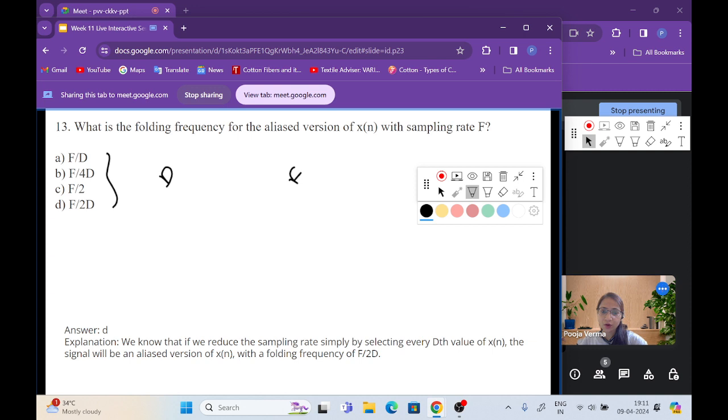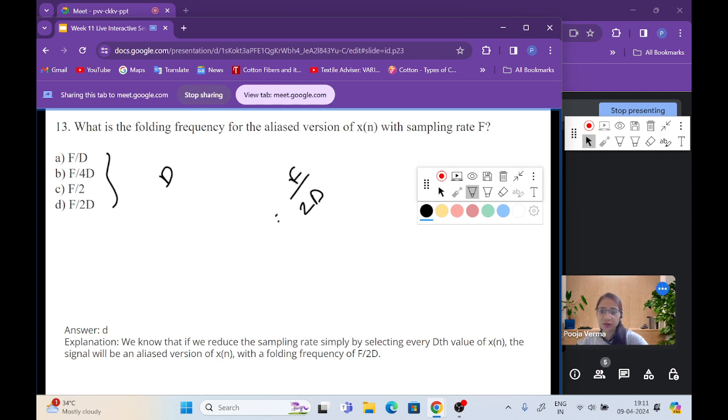The folding frequency for the aliased version of x of n with the sampling rate F must be F by 2D. So the explanation is given as, we know that if we reduce the sampling rate by selecting every Dth value of x of n, or decimating the signal by a factor D, the signal will be an aliased version of x of n with the folding frequency F by 2D.